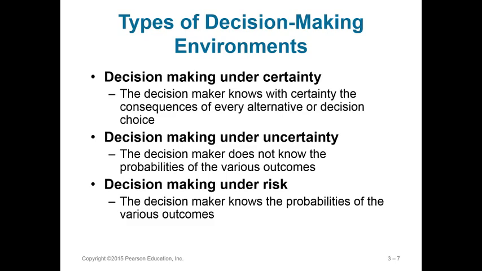Those are 4 different situations you can find yourself in. So if you know a lot and it's true, then you're in a situation of certainty. And if you're not even sure what you don't know, then you're in a situation of total uncertainty.